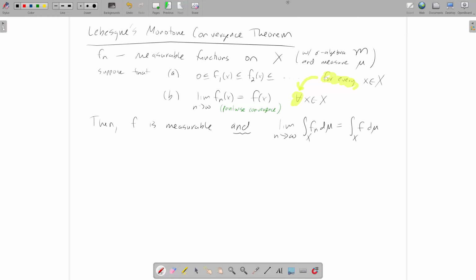I took a little pause there to think about it. Something worth pointing out at this stage is that the most interesting part of all this is that f is measurable. It turns out for the Riemann integral, if f, the limit function, is Riemann integrable, then the integral will converge.